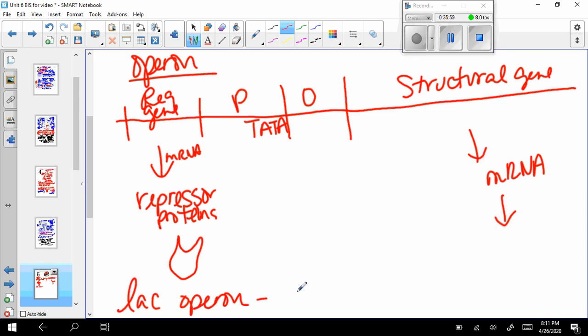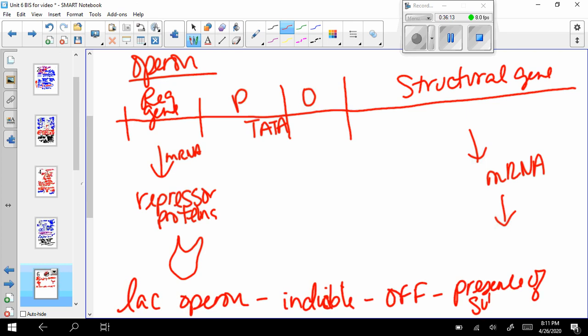The lac operon is inducible. Inducible means it's normally off, but the presence of a substrate can turn it on.